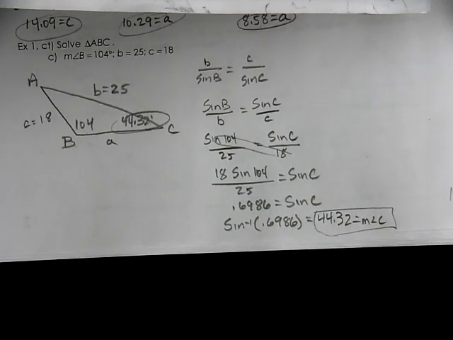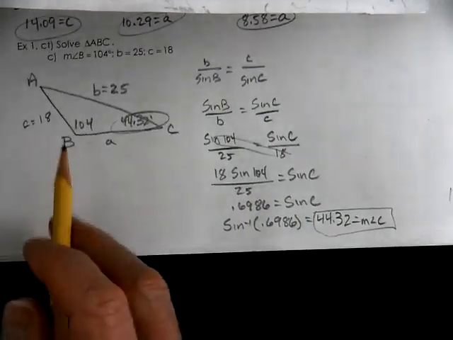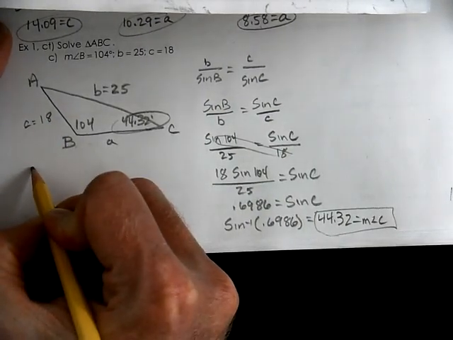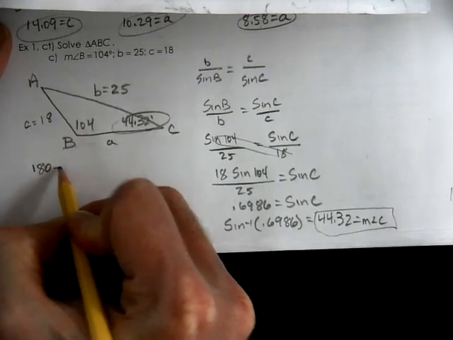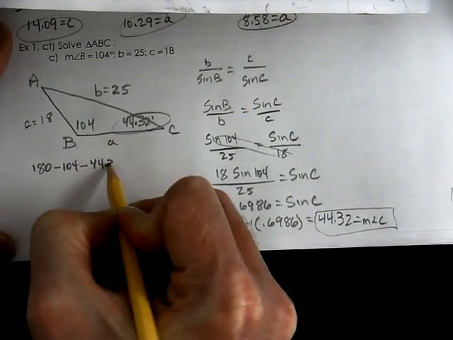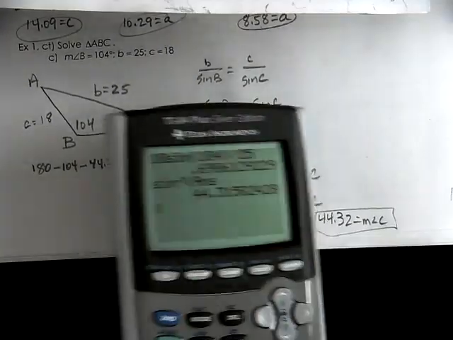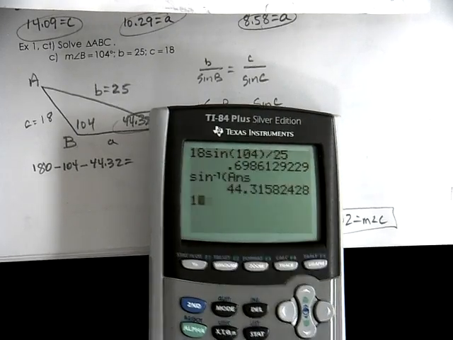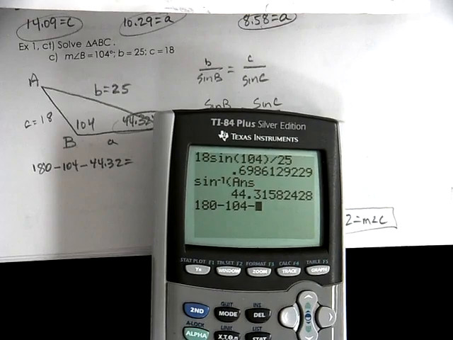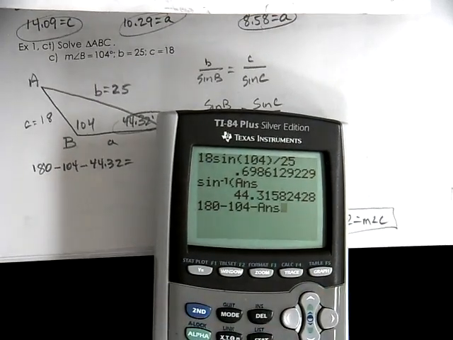I can't use law of sines unless I know one of the parts. We can solve for the angle by subtracting from 180. 180 minus 104 minus 44.32. 180 minus 104 minus our previous answer.